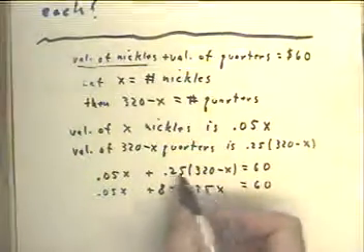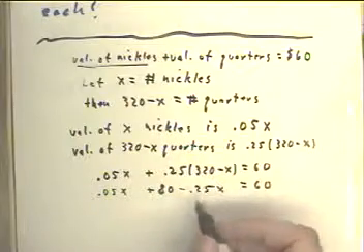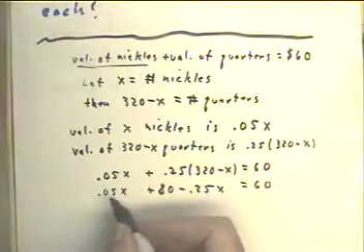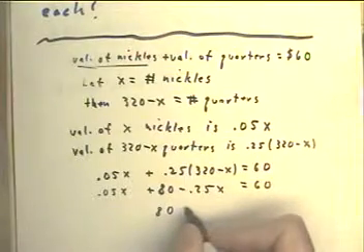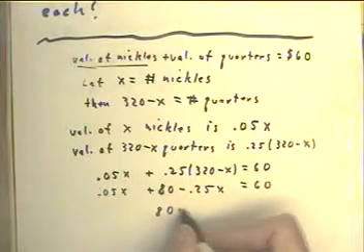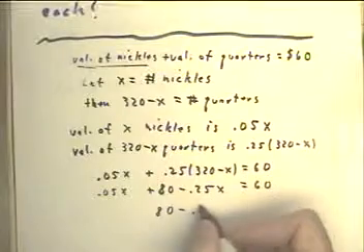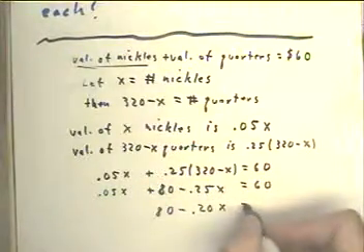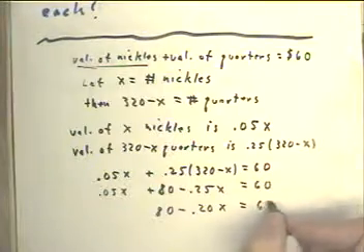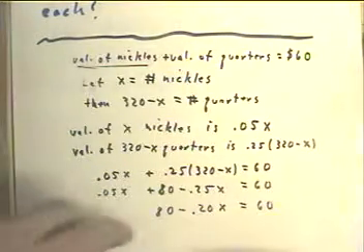Then if we add up everything on this side, we see that we've got 80 minus 0.20x, because 0.05 minus 0.25 is 0.20, and that should equal 60.